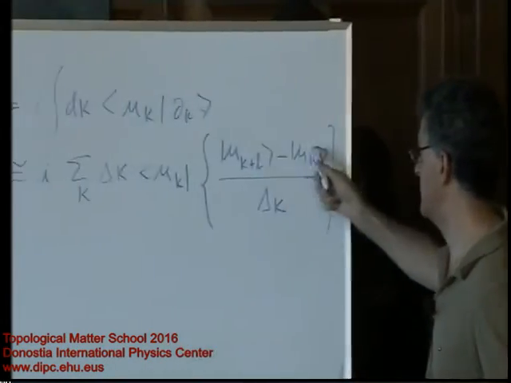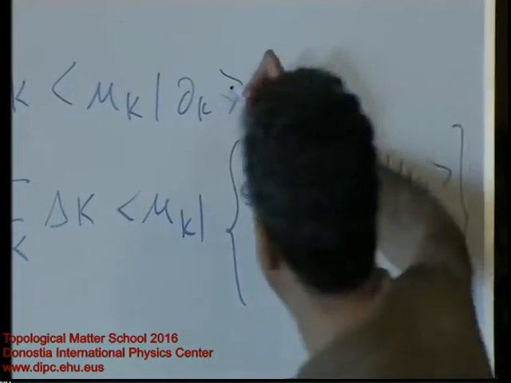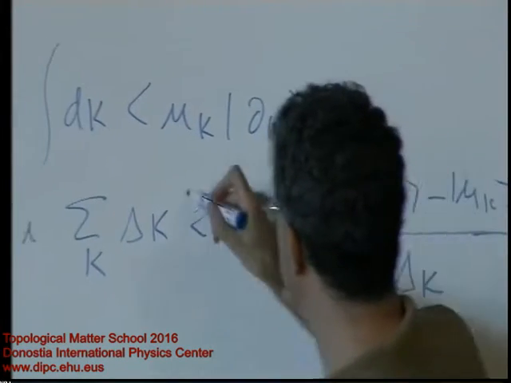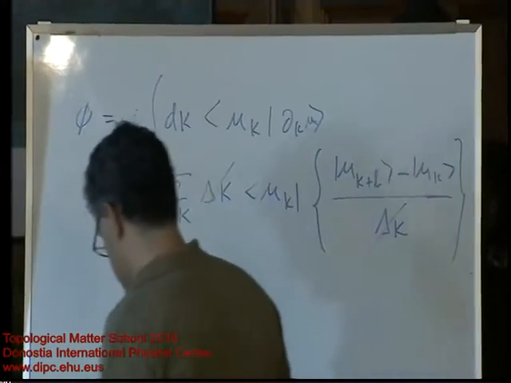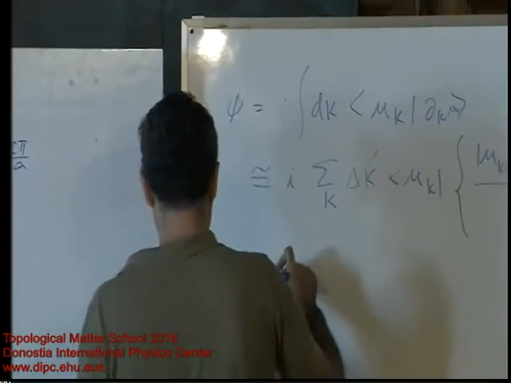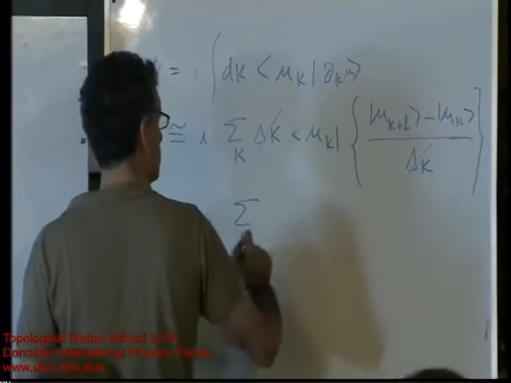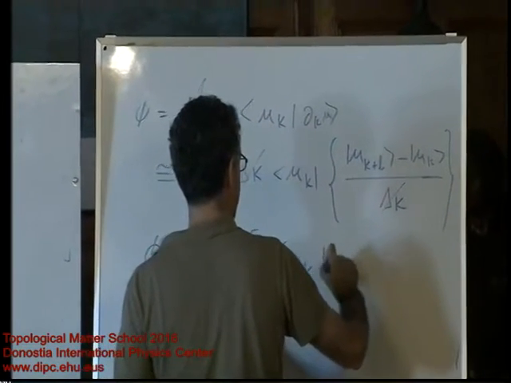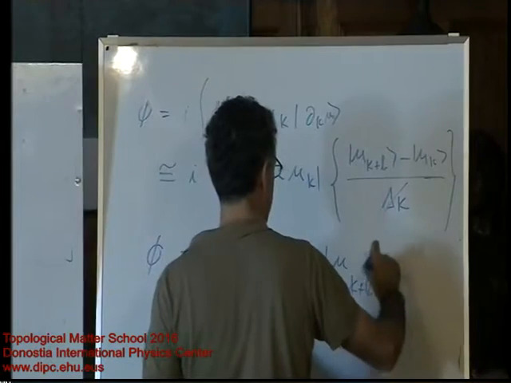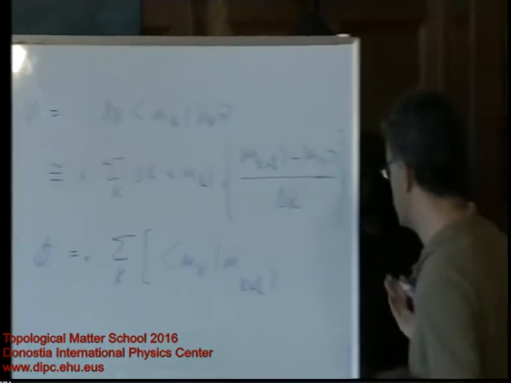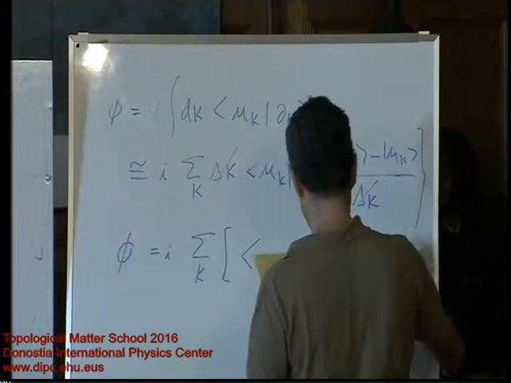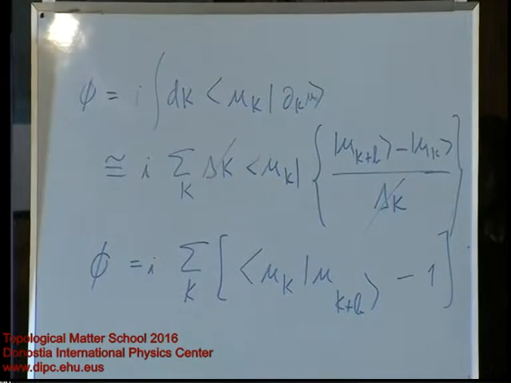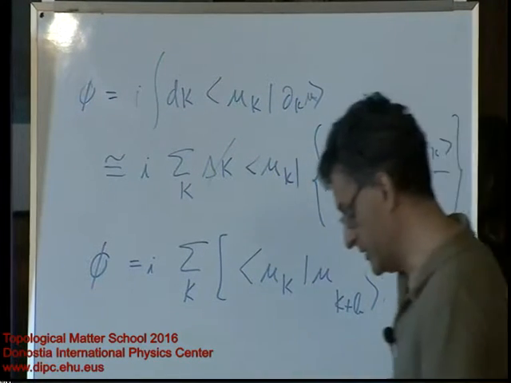So this is just a finite difference representation of d_k u. So this cancels that, and we get, so here they are, the overlaps. Remember we discussed for a little bit whether these guys should be 0 or not. So they are not, and here they are, the overlaps of the u's. Okay, seems like a very reasonable expression.